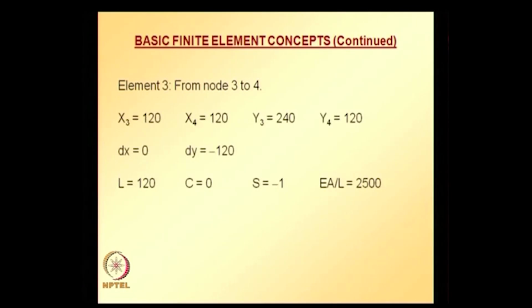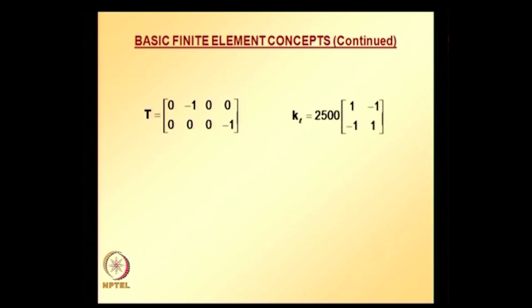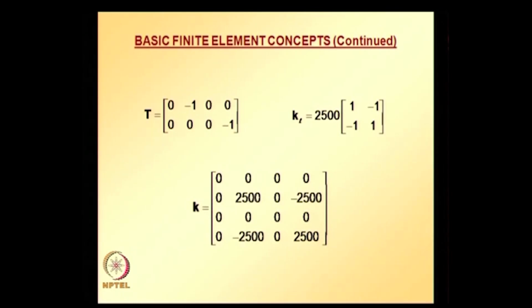Noting down the coordinates of node 3 and node 4, we can calculate dx, dy, and length of the member in a manner similar to what we have seen for element 1 and element 2, and cos alpha, sin alpha, and EA over L value. We can calculate the transformation matrix and local stiffness matrix, and the element stiffness matrix in the global coordinate system is given by this one.